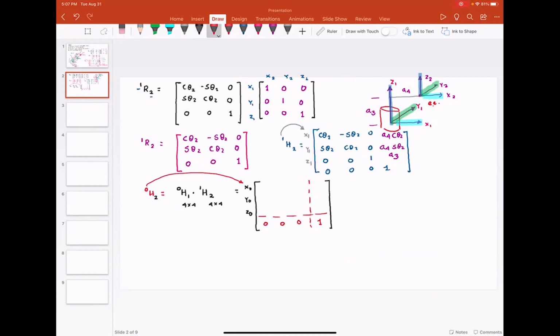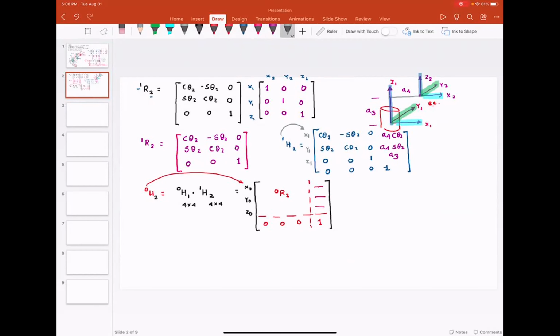And what I have here is r2. And here I have the position of the end effector in the x0 direction, in the y0 direction, and in the z0 direction.